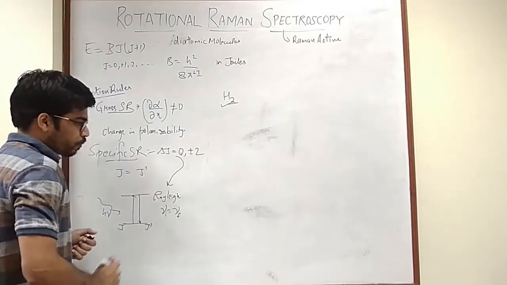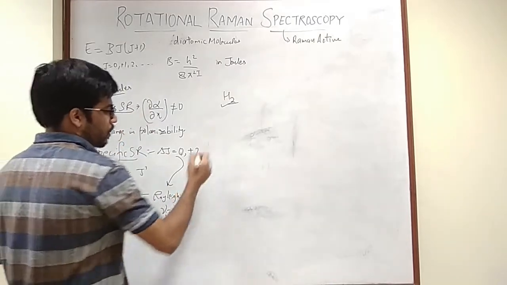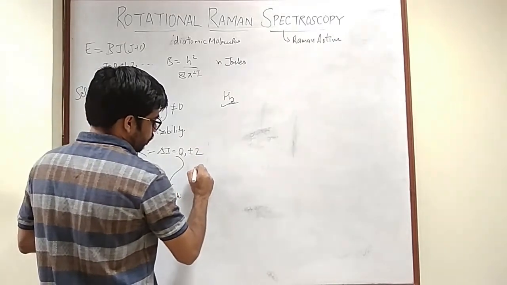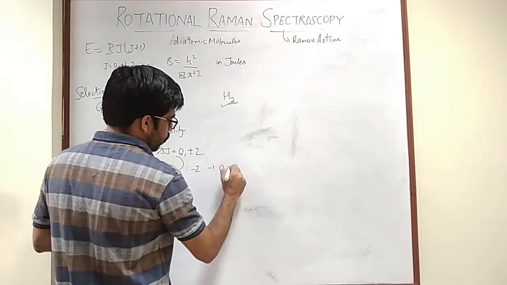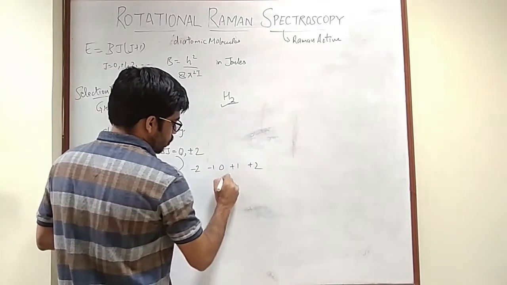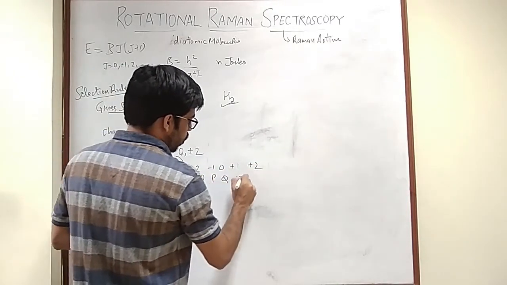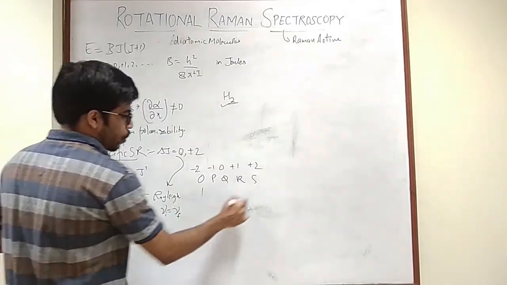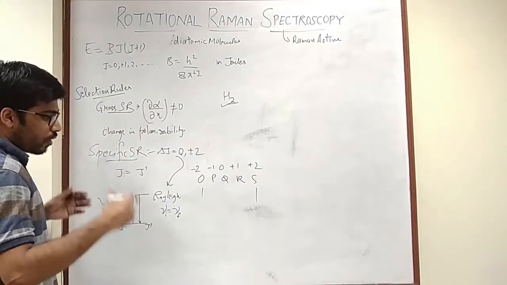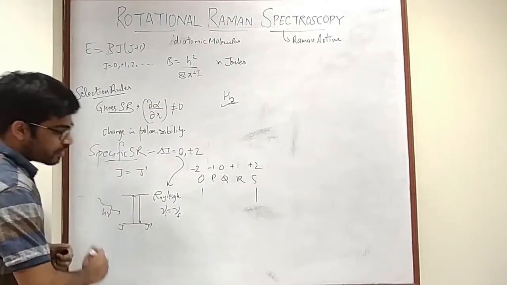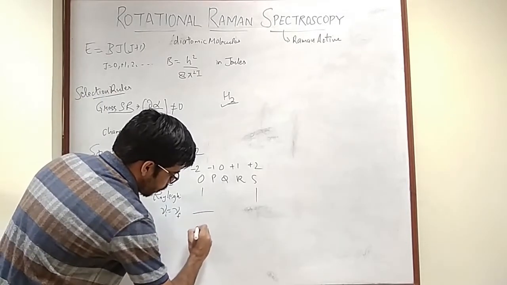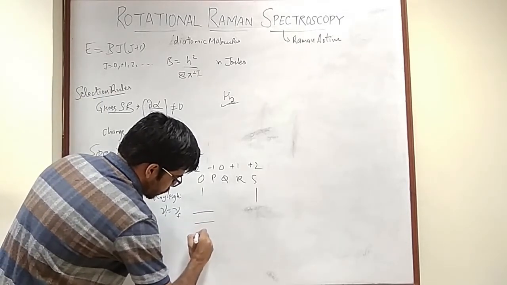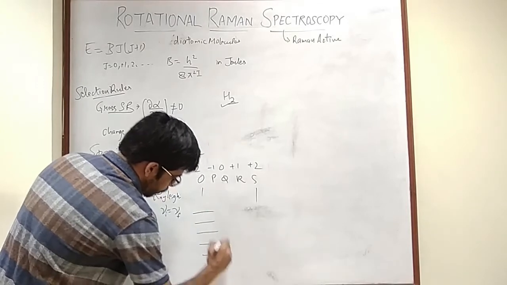Now plus minus 2. So we had seen that minus 2, minus 1, 0, plus 1, plus 2. This is your O, P, Q, R, S. So you will get O and S lines. Okay, how do you visualize this? So let's say you have energy levels like this.